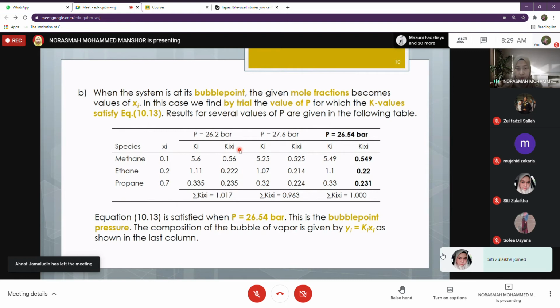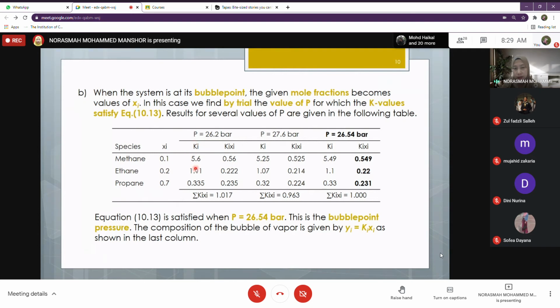In this question, they try 26.2 bar. From figure 10.13, you find Ki for each species and then calculate XiKi, and then you calculate the summation. For 26.2 bar, summation XiKi is 1.017, so it is more than 1.